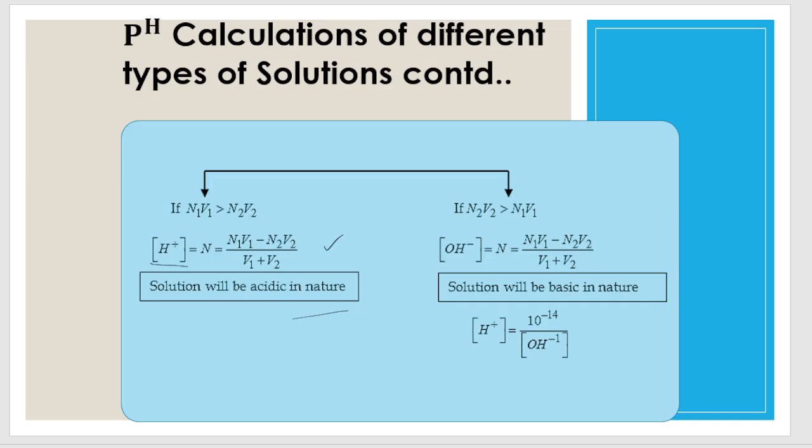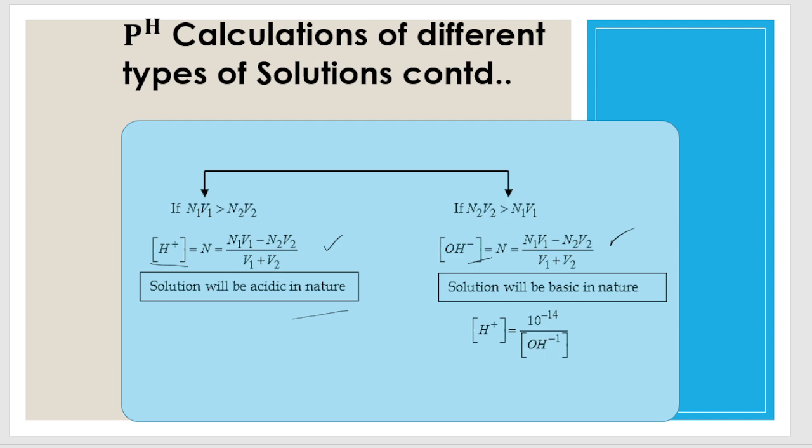If acid and base are mixed together and the base concentration is higher, then the acid is completely neutralized. Because of the leftover OH minus ions, the solution becomes basic in nature, and the leftover OH minus ion concentration can be calculated using the formula N1V1 minus N2V2 by V1 plus V2.